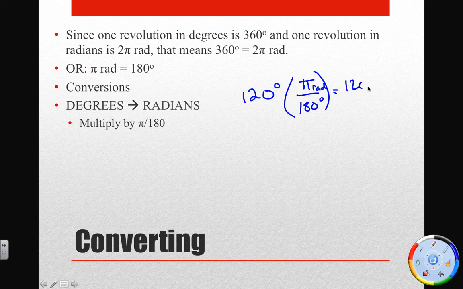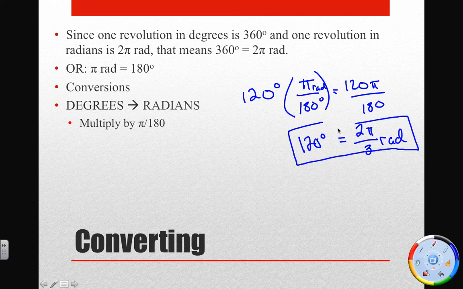So I get 120 pi over 180. If you were to reduce this, this becomes 2 pi over 3. So that means 120 degrees is equal to 2 pi thirds radians. So if you were to go back to your circle that we had 120 degrees on there, that tick mark would also equal 2 pi thirds.